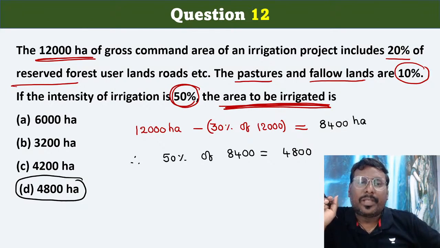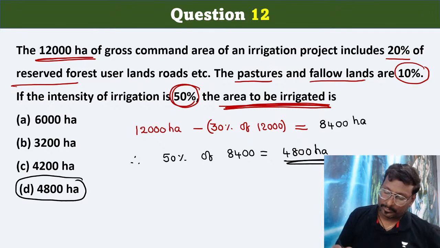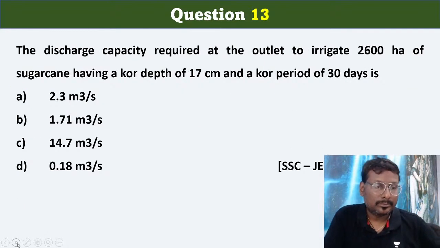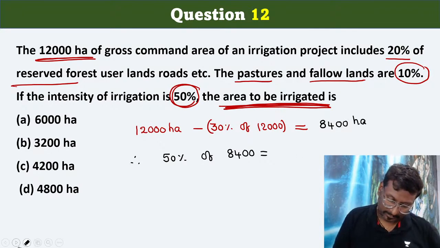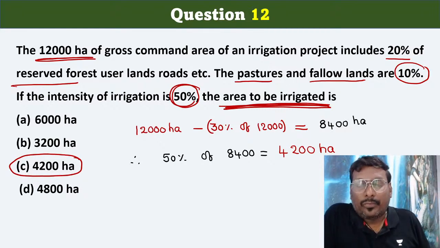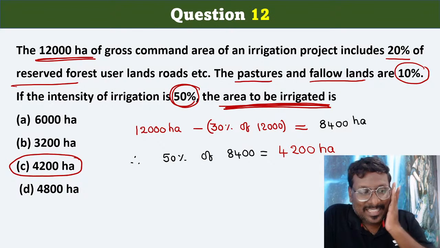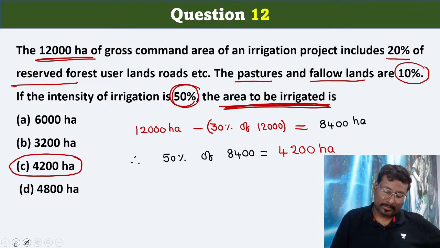Remaining 50% taking rest. So that 50% of 8,400 is 4,200 hectares.